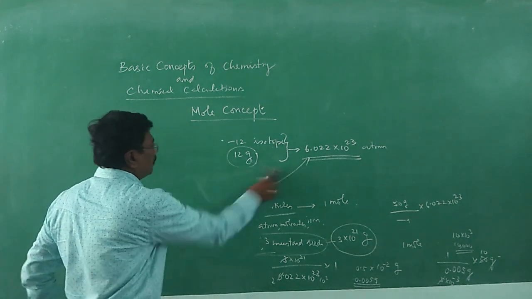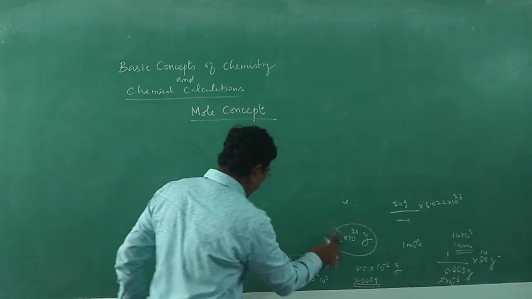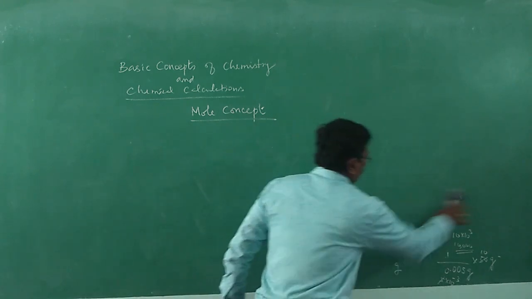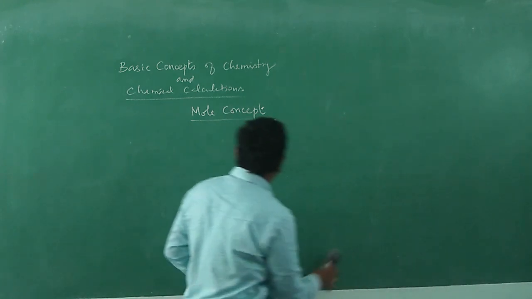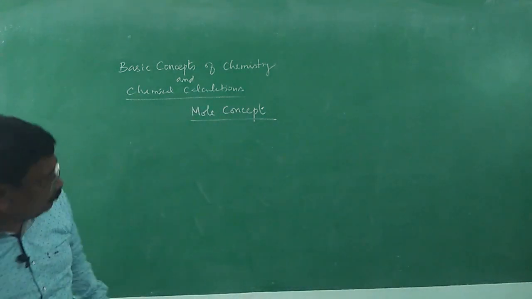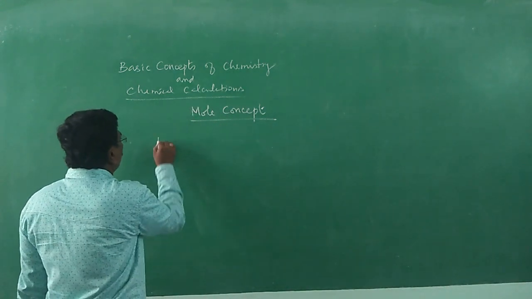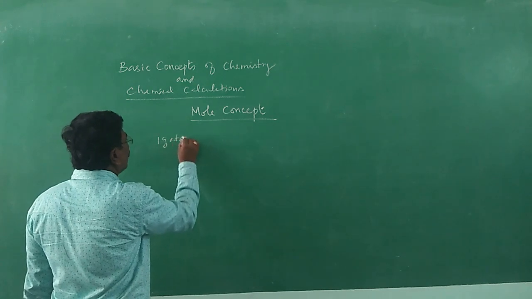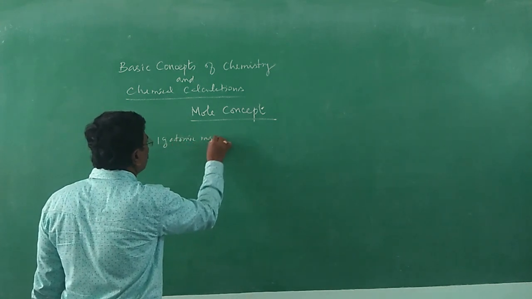Now I can relate, and I can also relate a few more things which are not directly given under this heading now, but will be useful to you. 1 gram atomic mass of any element: what is the meaning?